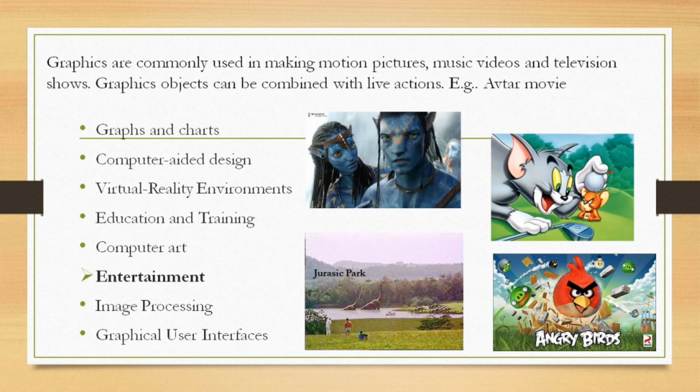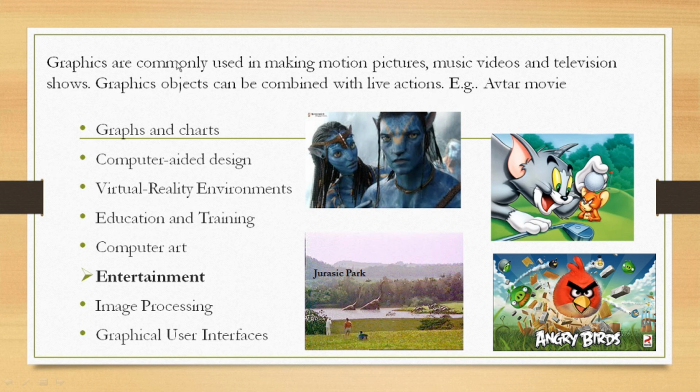Next we have entertainment. These help us to get the animated movies. Graphics are commonly used in making motion pictures, music videos, and television shows. Graphic objects can be combined with live actions, for example the Avatar movie.